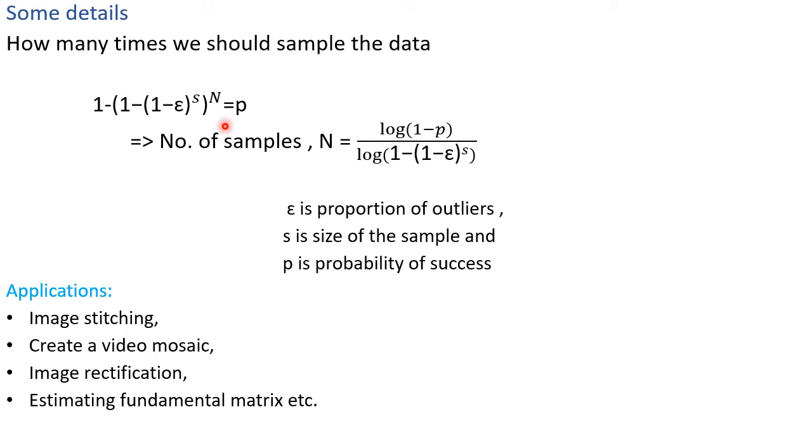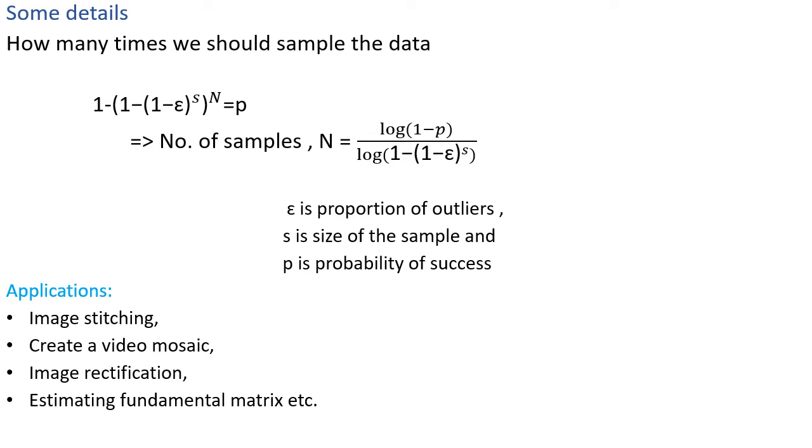Raised to the power n, it is the probability that all n samples will be contaminated. 1 minus that means the probability that we will get at least one sample that was not contaminated, that is, it has all inliers, which is equal to P, the probability of success.